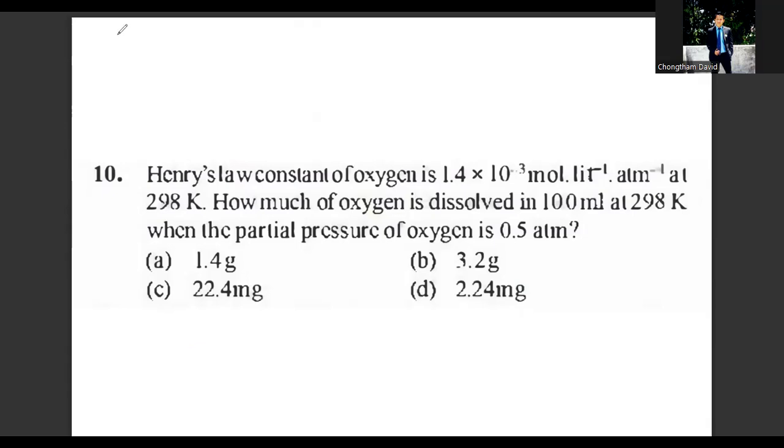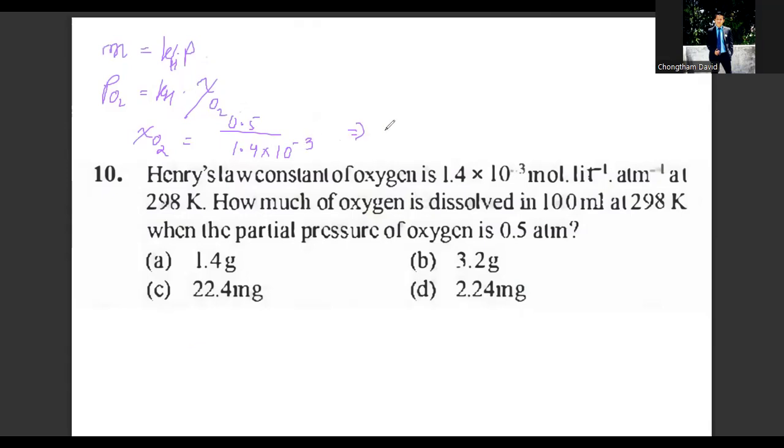Keep in mind, according to Henry's law, the solubility of gas m can also be written as Kp, where Kh or K is your Henry's constant. You are already given this value, right? So partial pressure of oxygen is given. To find this, PO2 can also be written as Henry's constant multiplied with the mole fraction of oxygen. So this oxygen mole fraction can be related as 0.5 divided by 1.4 into 10 to the power minus 3.